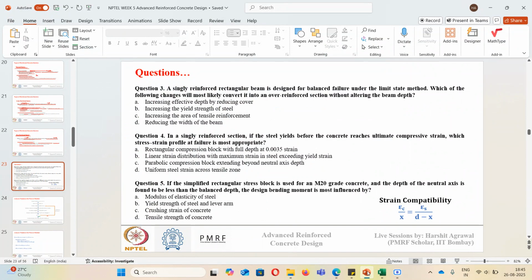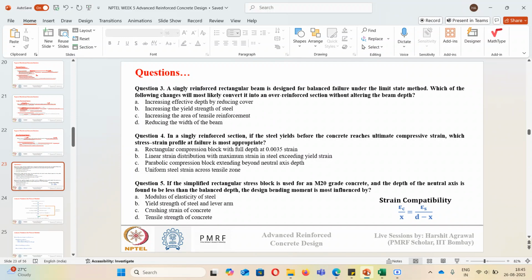So, what will be the answer for question number three? A singly reinforced rectangular beam is designed for balanced failure under the limit state method. Which of the following changes will most likely convert it into an over reinforced section without altering the beam? C, I think C. There can be multiple answers for this.